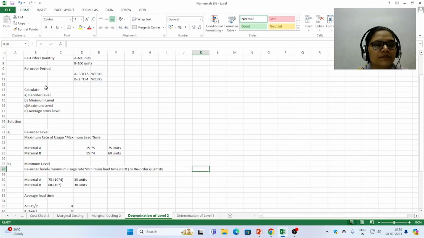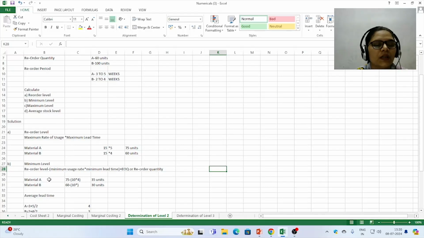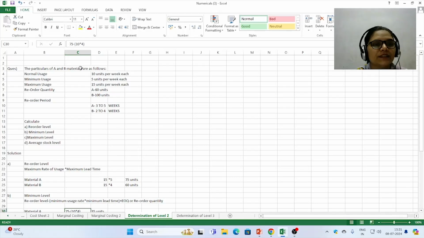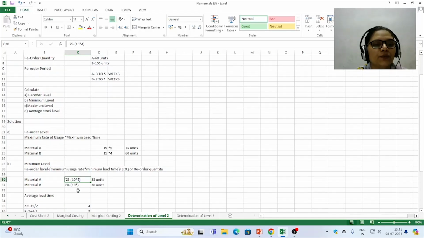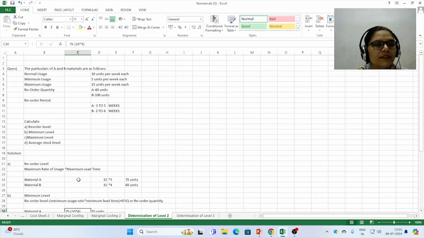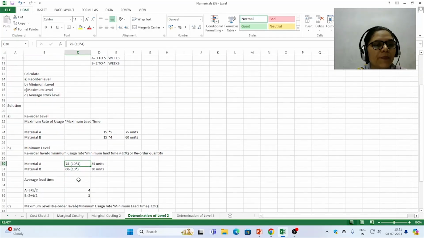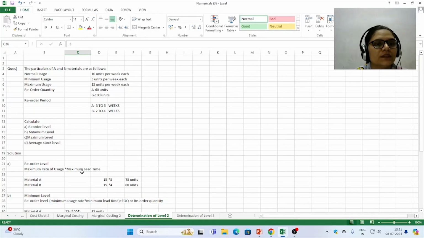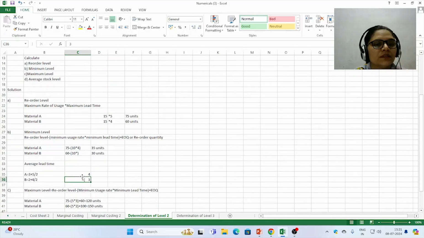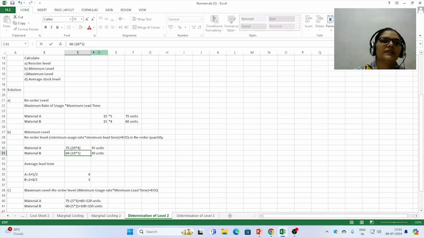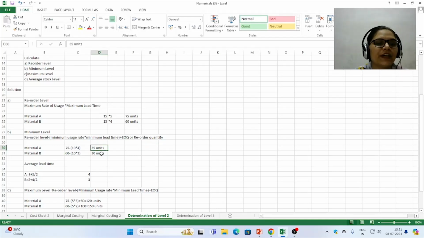Now, for material A, 75 is the reorder level minus minimum usage rate, which is 10 units for both A and B, into 4, the minimum lead time for A, and 3 is the minimum lead time for material B. So there is a mistake, we need to multiply it. Here we got 3. So it will come to 35 units and 30 units.